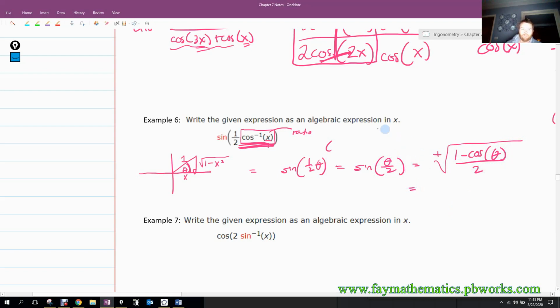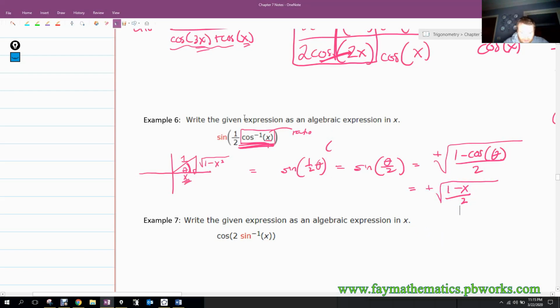So now I look at this and say, well, what was the cosine of theta? Well, remember, cosine is adjacent divided by hypotenuse, so it's just x. So I'm going to say this is 1 minus x all over 2.